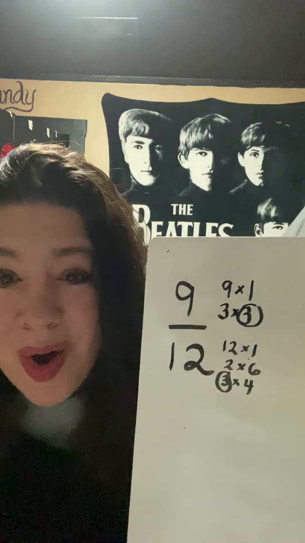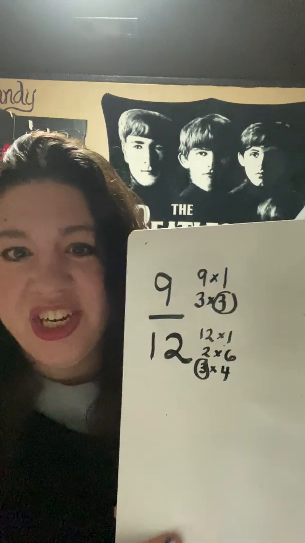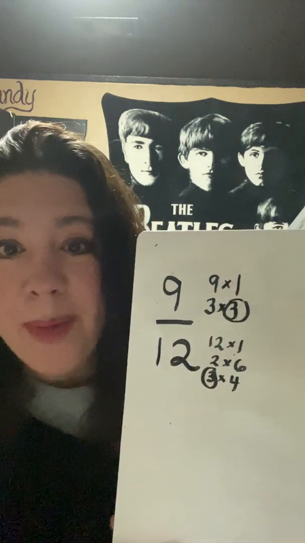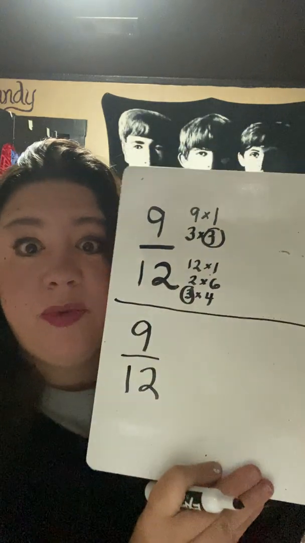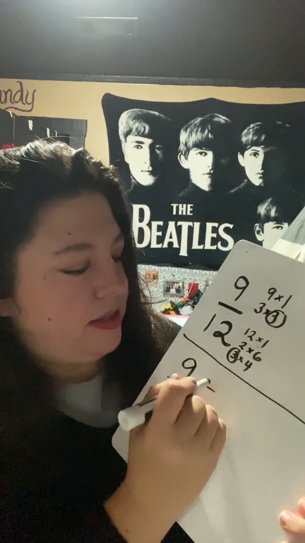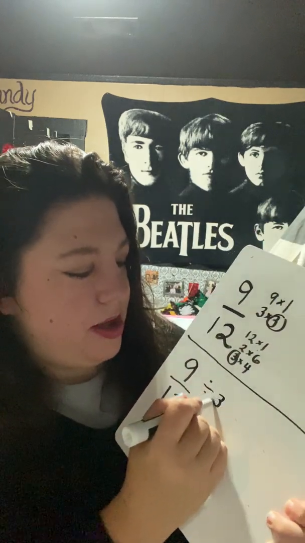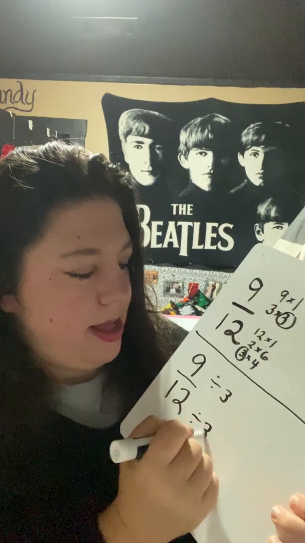So now we can make an equivalent fraction by dividing both the top and the bottom by 3. 9 over 12. Let's make the equivalent fraction. Let's divide it by 3 on both the top and the bottom.